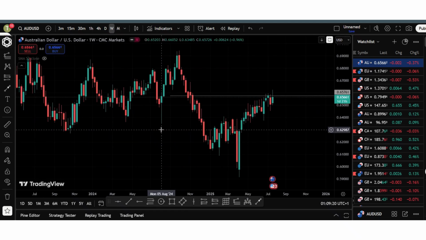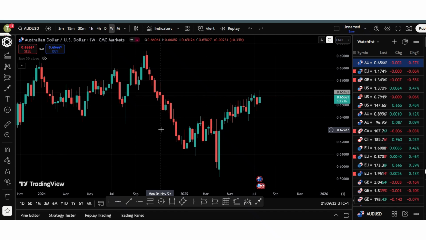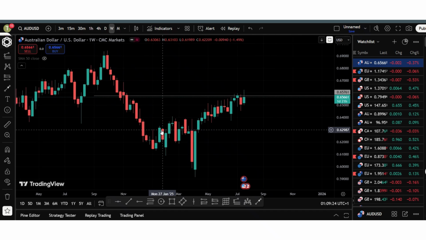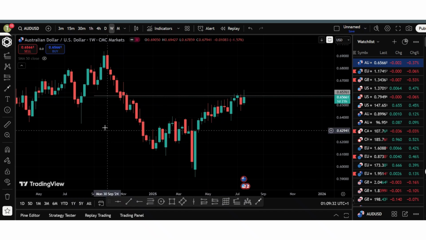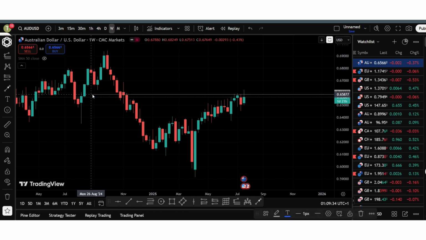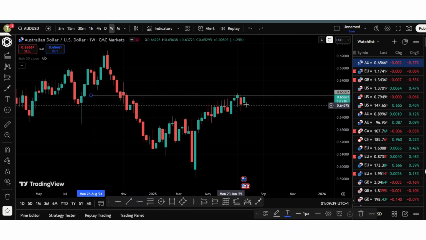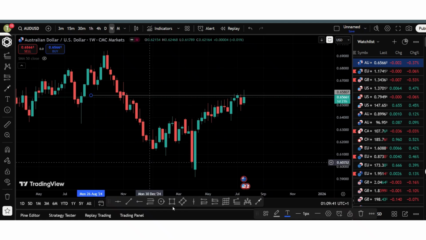On the weekly candle, we can see some rejections going on here. That doesn't mean that we are bearish at the moment. This zone, which is a monthly zone that aligned with a weekly zone, AUDUSD is forming a huge rejection on this zone.